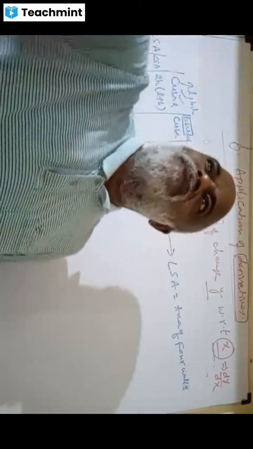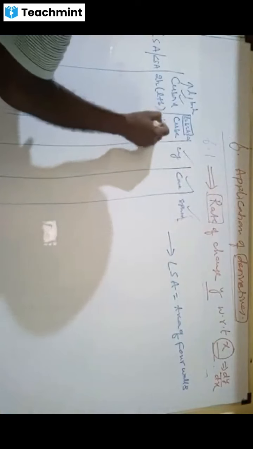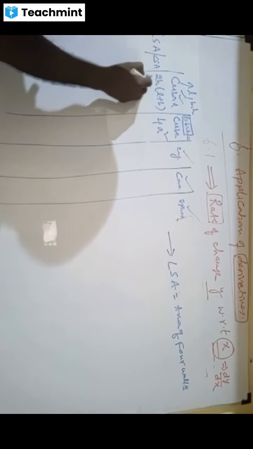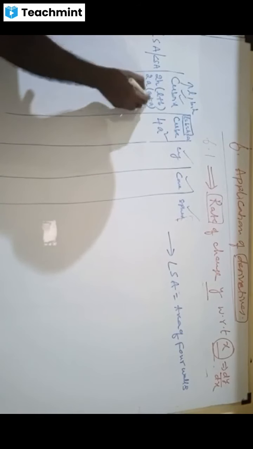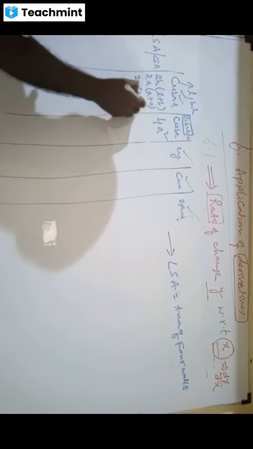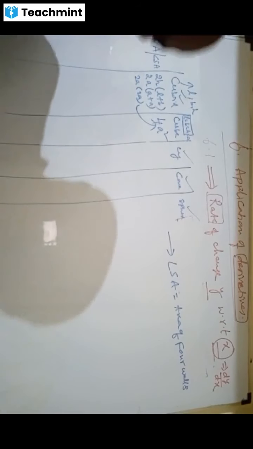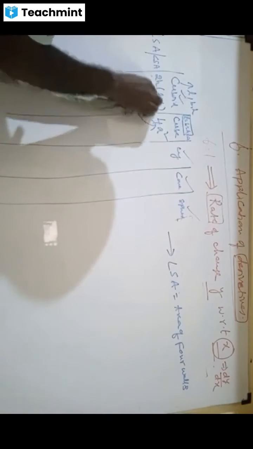So a square plus a square plus a square plus a square is 4a square. Put a here: h is a, l is a, b is a. So 2a into 2a, what comes? 4a square. Understood? So if you know one formula, the cube is a bonus. From the cuboid you will get a cube.